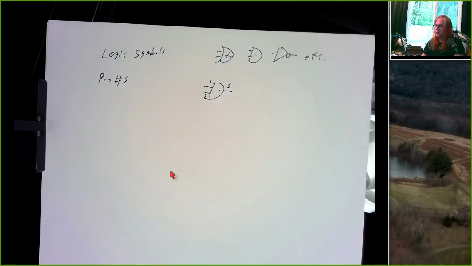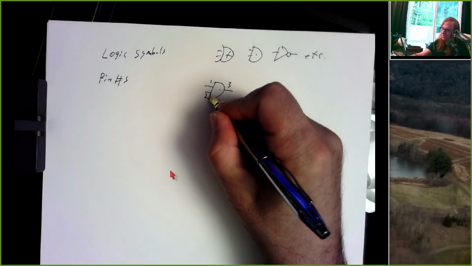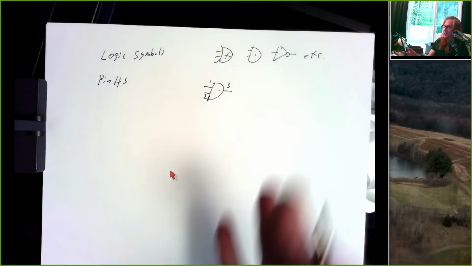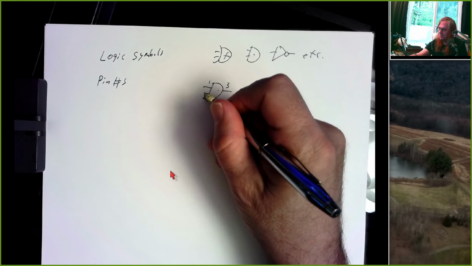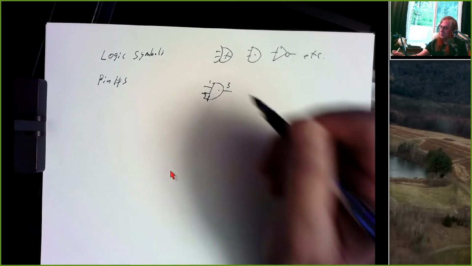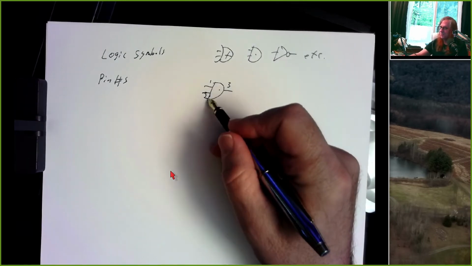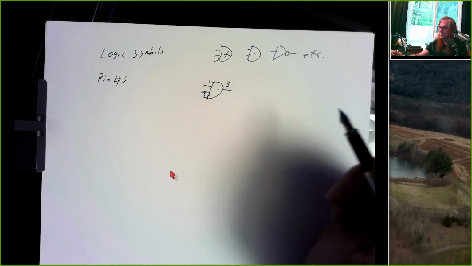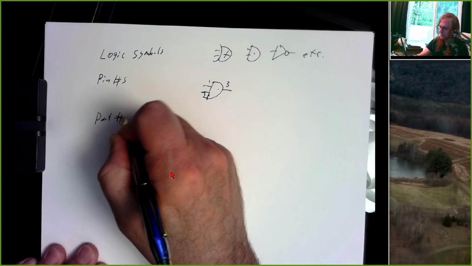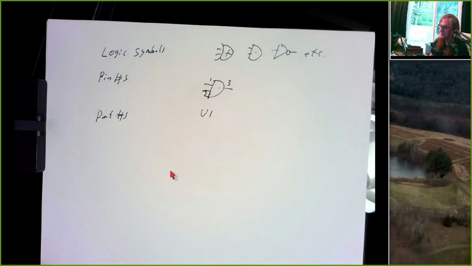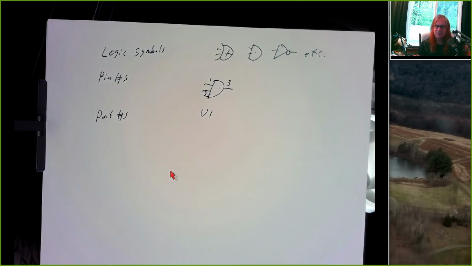These gates correspond to pieces of physical chips. And to wire your circuit together, you need to know, well, which of the 14 pins on a 7408 should I connect this particular lead to? So you choose pin numbers, and you say, okay, let's use pin 1 and 2 for these inputs and pin 3 for this output. Part numbers. So you're going to label each gate as coming from a particular physical package.